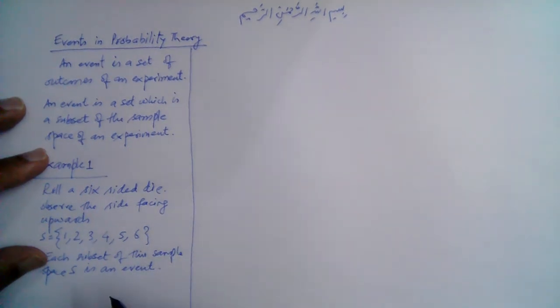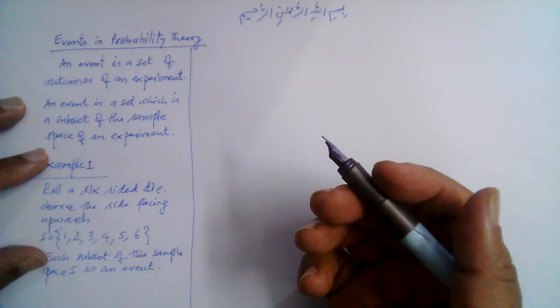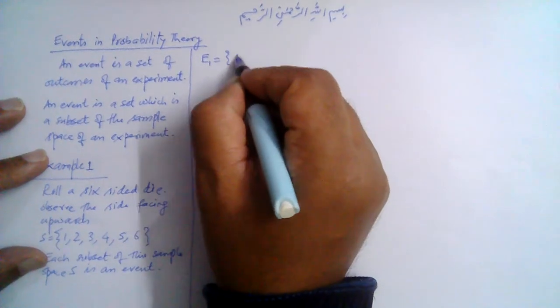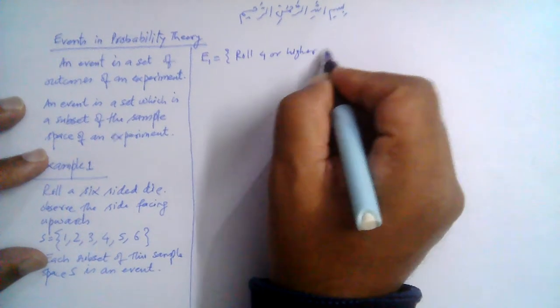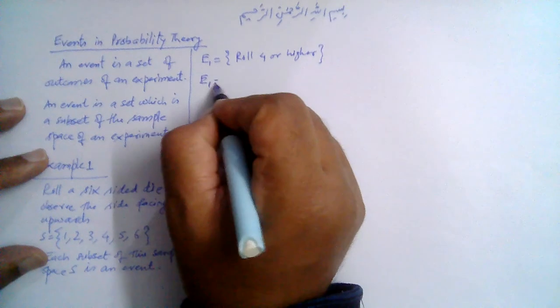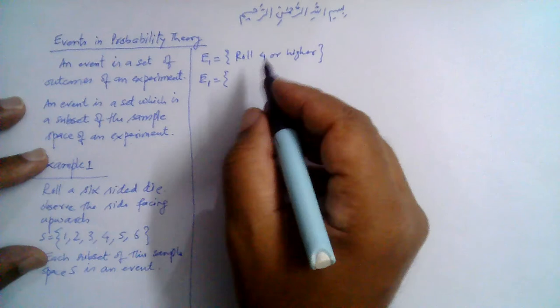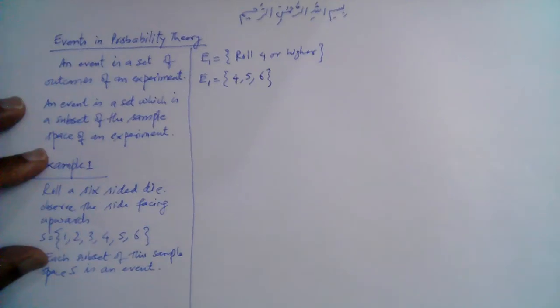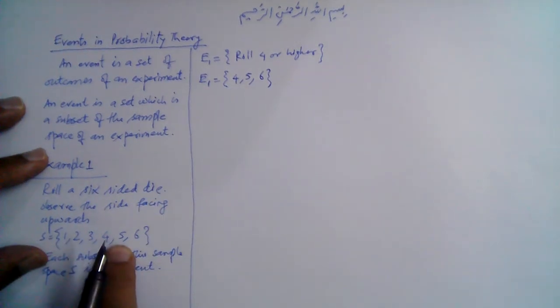So for example, we can be interested whether the die rolls 4 or higher. So this can be a possible event, E1: roll 4 or higher. So this is descriptive, and we can write it like this: 4 or higher is 5 and 6. So this is an event. So this is a set which is a subset of this sample space, right?